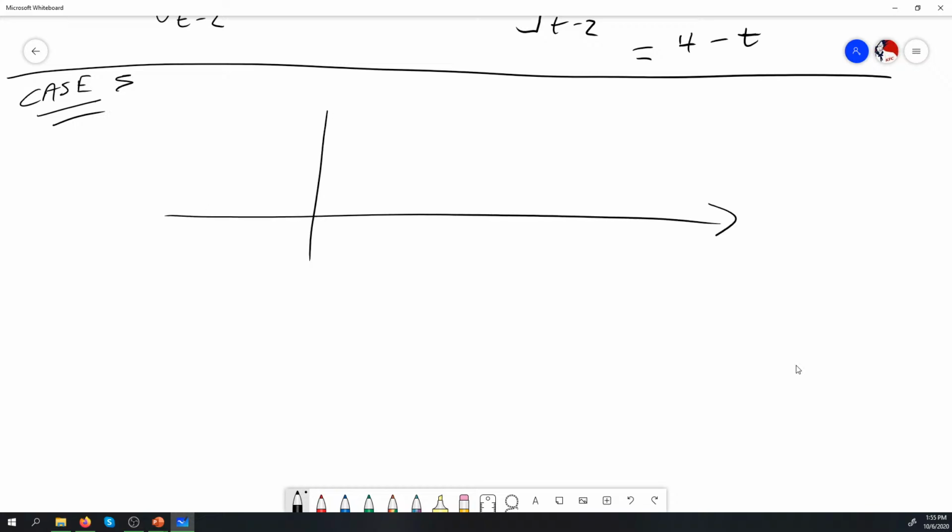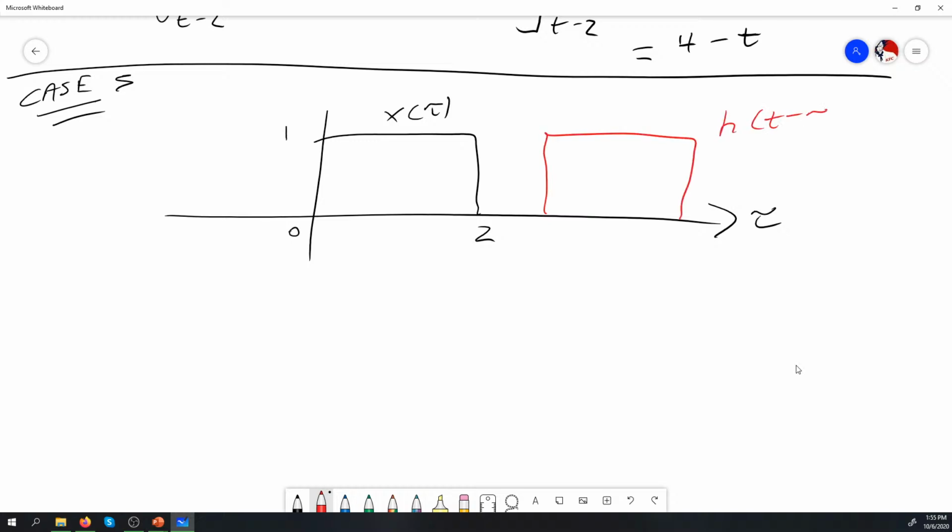Draw back our axes here accordingly. And in this case, because we see that the h of t minus tau signal here is all the way on the right hand side, meaning that it's finished sliding over the x of tau signal, basically there's no overlap, so y of t here is going to be 0, but we still need to evaluate what our time range is going to be.